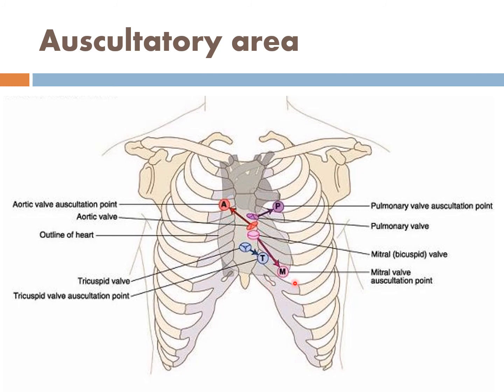So this one is the mitral valve auscultation point, and this one is the tricuspid valve auscultation point. Here there is the pulmonary valve auscultation area, and here there is the aortic valve auscultation area. So these are the auscultatory areas of the four valves: tricuspid, mitral, pulmonary and aortic.